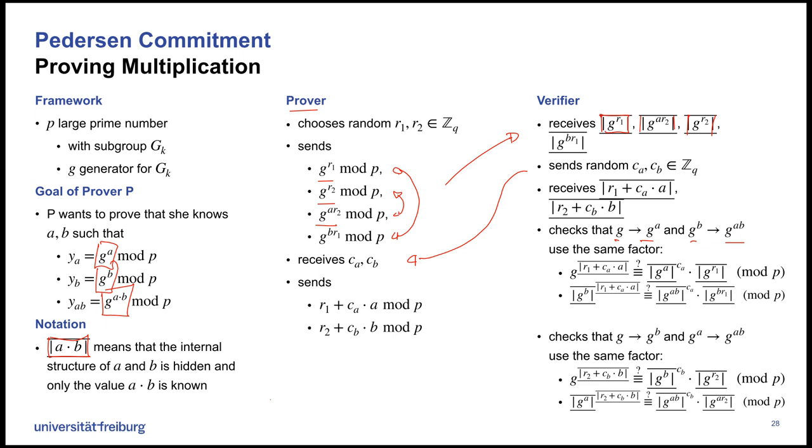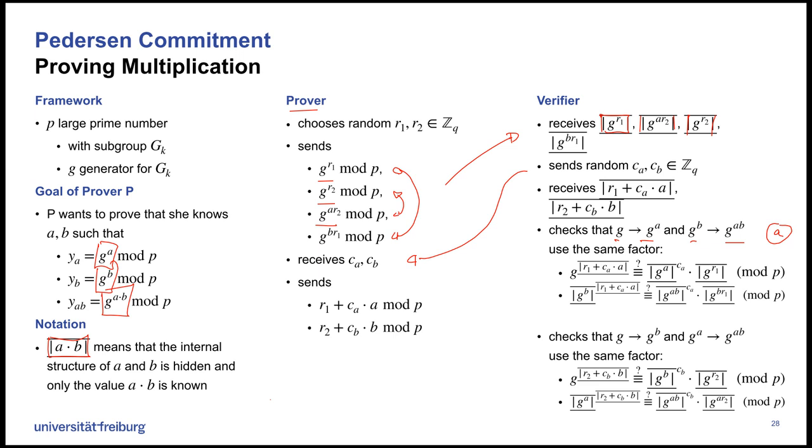So we know which kind of factor achieves this multiplication. This is factor a, but we don't want to publish it. So we know the exponent which does this multiplication.